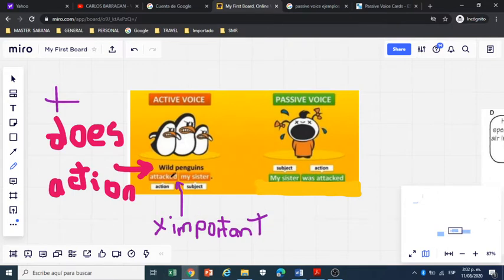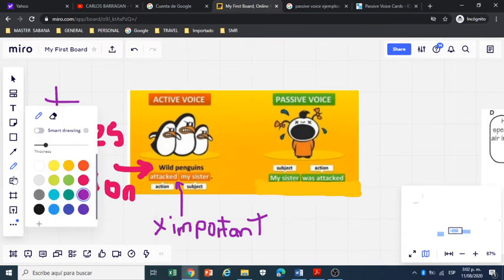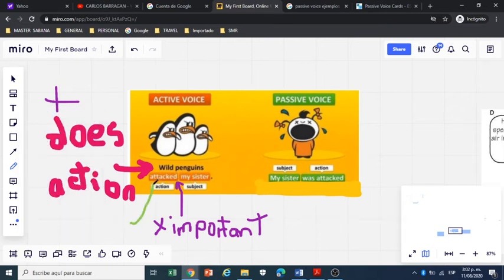Okay. Look at this sentence in present. While penguins, in past, attacked, the passive voice, in the active voice in this case, the verb is in past. Okay? The verb is in past. This is the verb of the sentence. Okay?